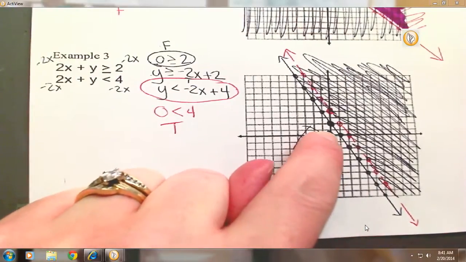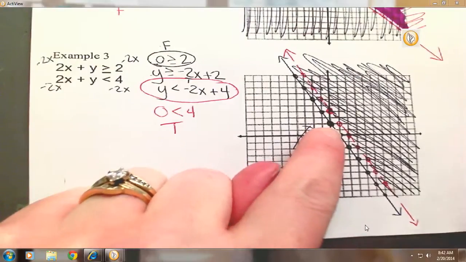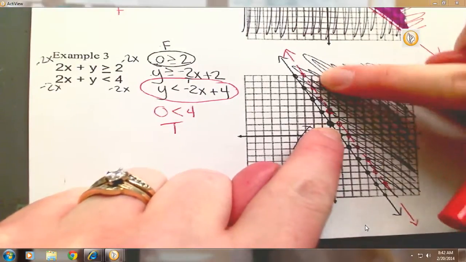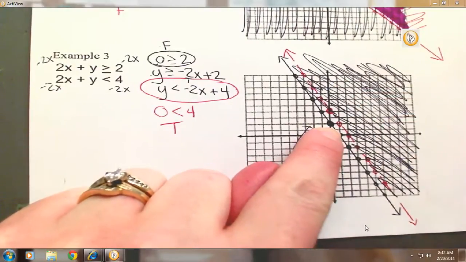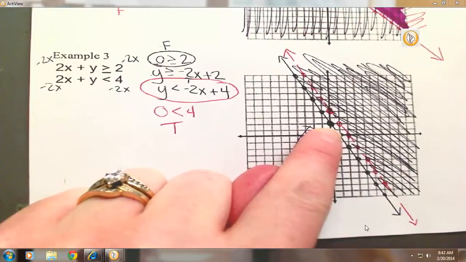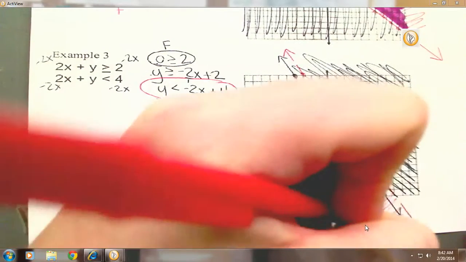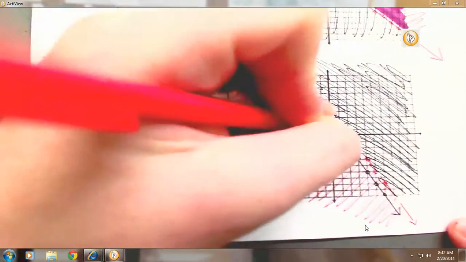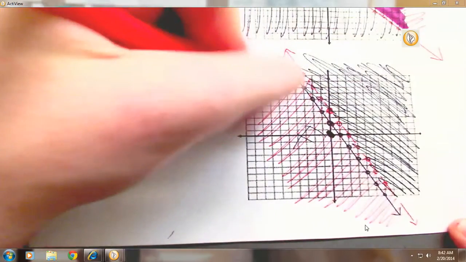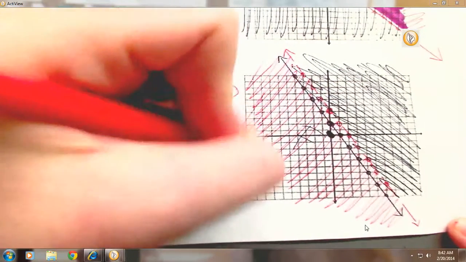So we put 0, 0 in, and we said that was true. I'm looking at the red line this time. I want to decide with 0, 0 or without 0, 0. With, because it was true. So we're going to shade, in our case, the left side, the bottom side of this graph. Now these graphs are pretty close together, so it may be tricky to tell where your solutions are.